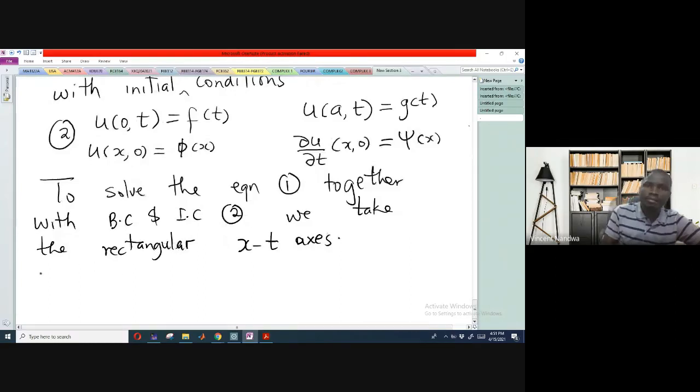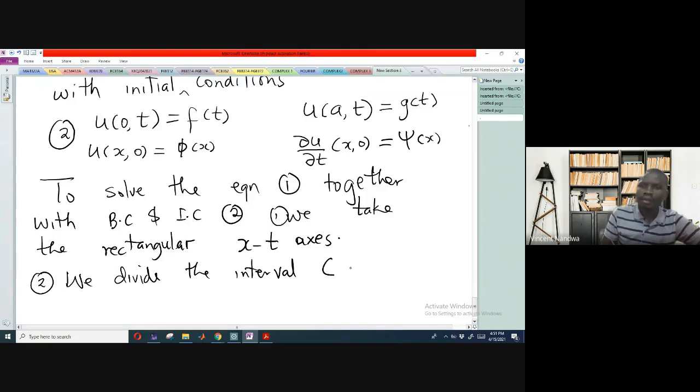And then this is step 1. Step 2, we divide the interval 0 to a into n equal subintervals.